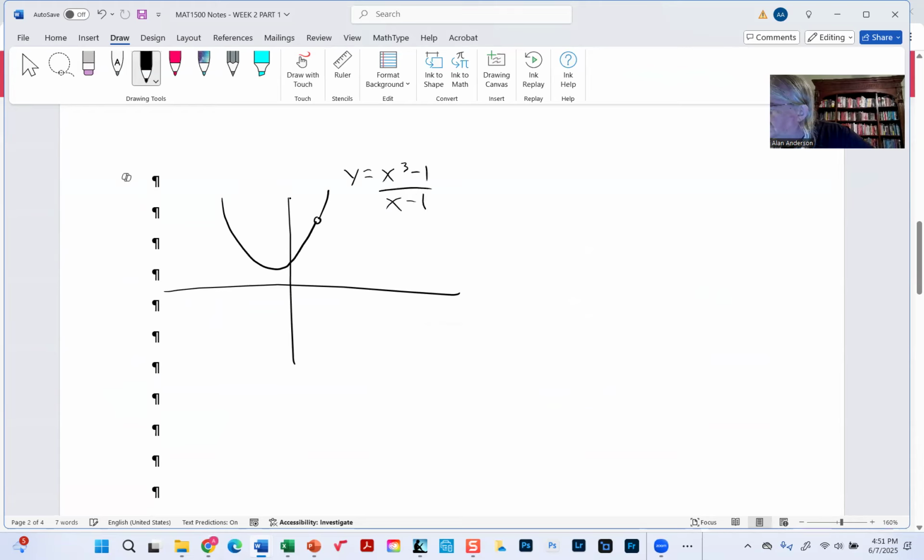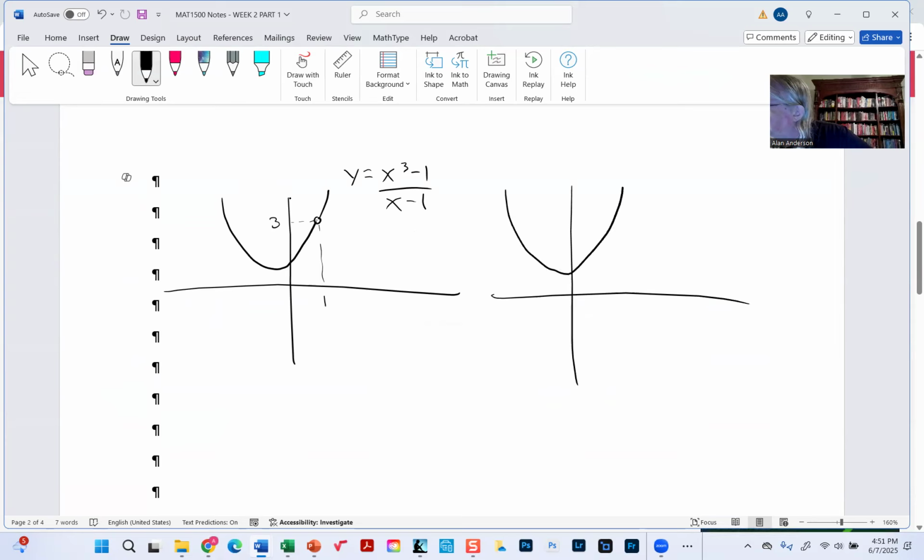So there's a discontinuity here, okay? But over here, there isn't one. So this circle wouldn't normally be drawn here.